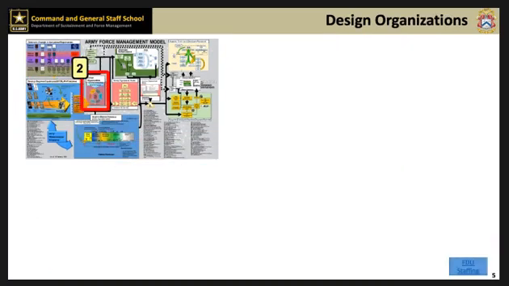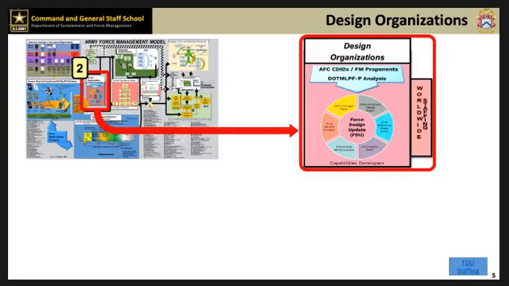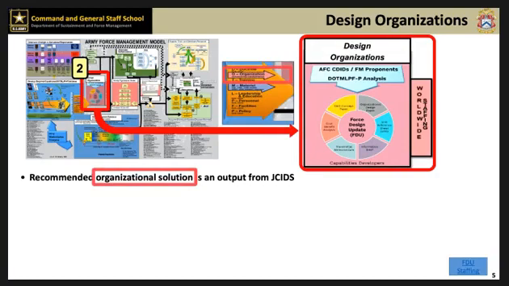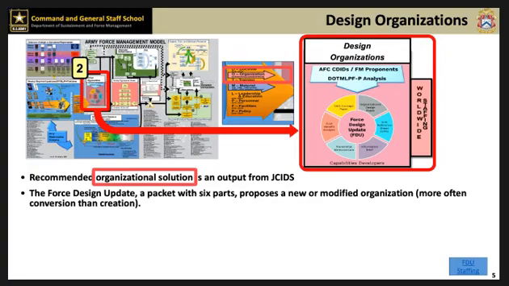Okay, let's zoom in and take a look at phase 2 of the force development process. The output from JSIDs is a DOTMLPF change recommendation, or DCR. Since this is an organizational solution, capability developers prepare a force design update, or FDU.